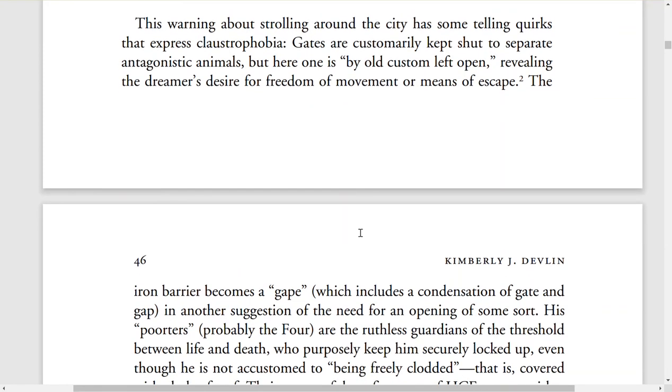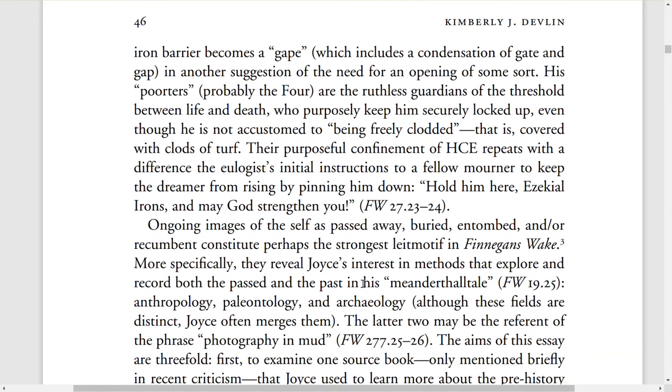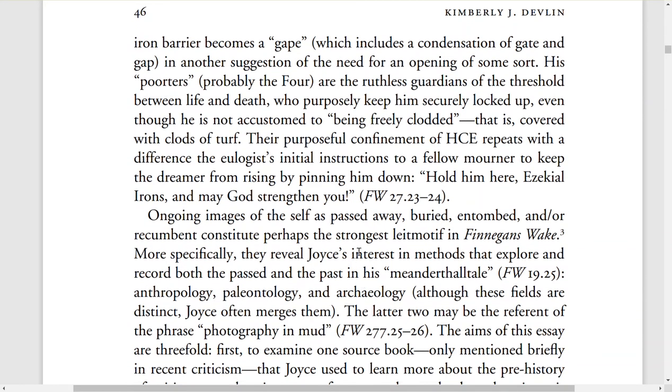This warning about strolling around the city has some telling quirks that express claustrophobia. Gates are customarily kept shut to separate antagonistic animals, but here one is by old custom left open, revealing the dreamer's desire for freedom of movement and means of escape. The iron barrier becomes a gate, right? So it's, again, unpacking that one observation.